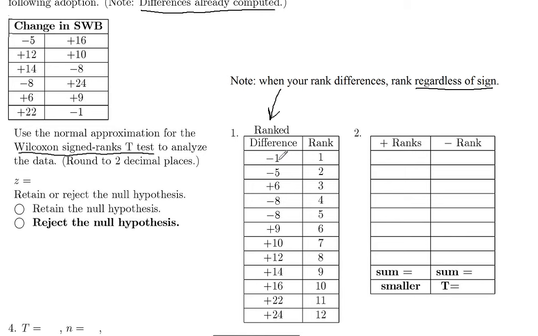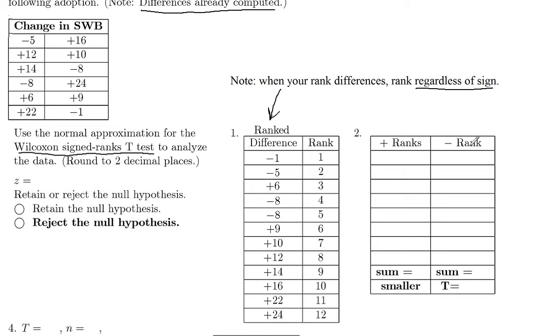Looking just at the number and not the sign, 1 is the smallest number in the list, and then 5, 6, 8, 9, 10, 12, 14, 16, 22, and 24. You do want to keep the signs attached, because we have to separate the positive and negative ranks. The smallest number is rank 1, going up to the largest number, 24, which is rank 12.